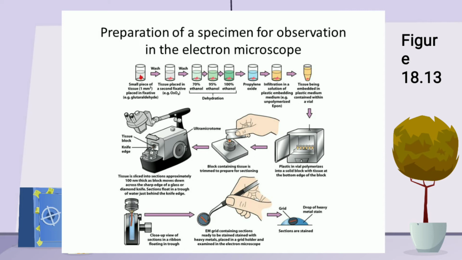Once the tissue has been fixed, the water is removed by dehydration in alcohol, and the tissue spaces are filled with a material that supports tissue sectioning. Tissues to be sectioned for electron microscopy are usually embedded in epoxy resins such as epon or araldite.